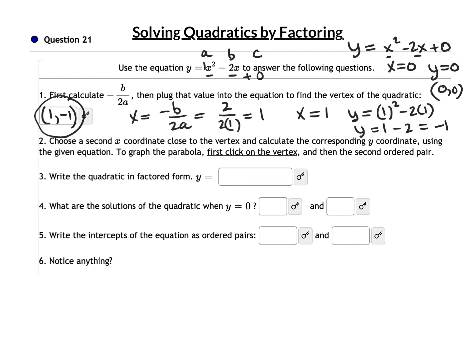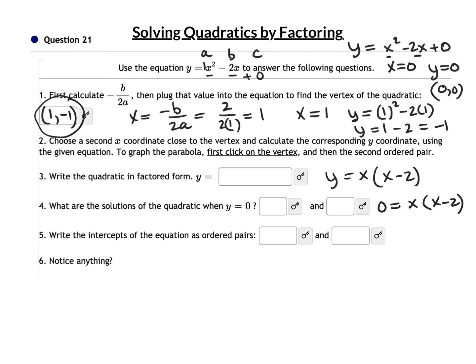The next thing we're going to do is factor it. This has a greatest common factor of x, so it's x times x minus 2. Then we're going to solve the equation. 0 equals x times x minus 2. This will give us the x-intercepts.